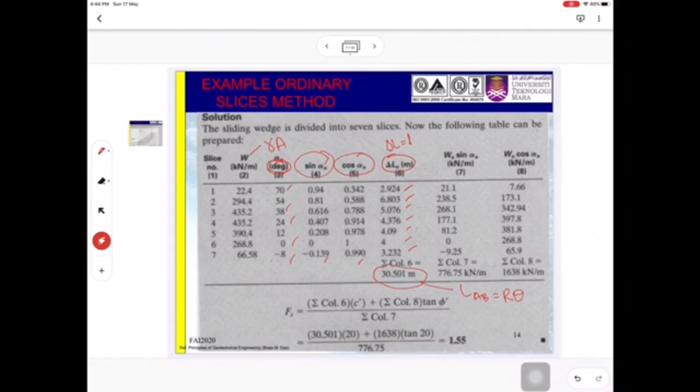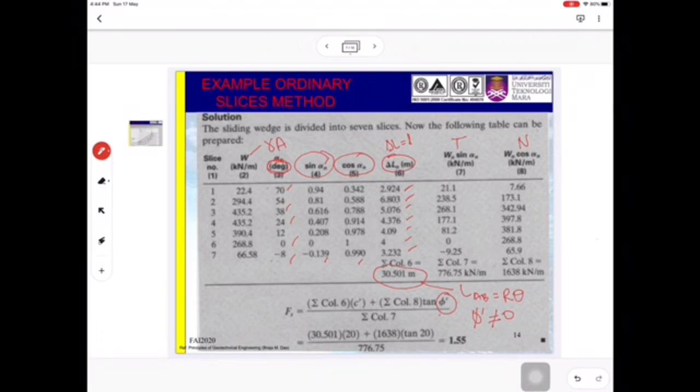Do we need to determine N for this case? Because this is T, this is N. Yes, we need to determine N, because phi is not equal to 0.